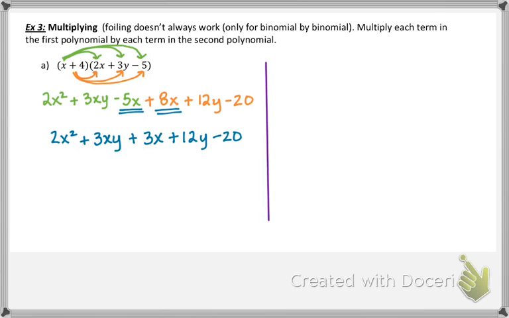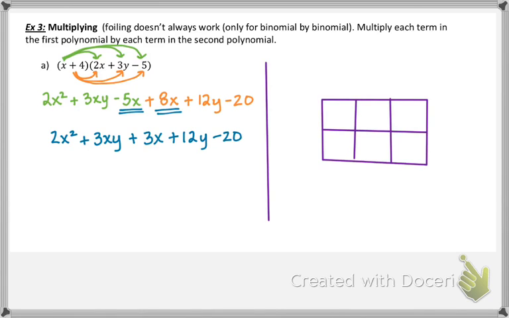Now for this method, we're going to draw a grid, and because I have a binomial, 2 terms, multiplied by a trinomial, 3 terms, I'm going to draw a 2 by 3 grid with 2 rows and 3 columns. And I'm going to cut this up into rectangles.